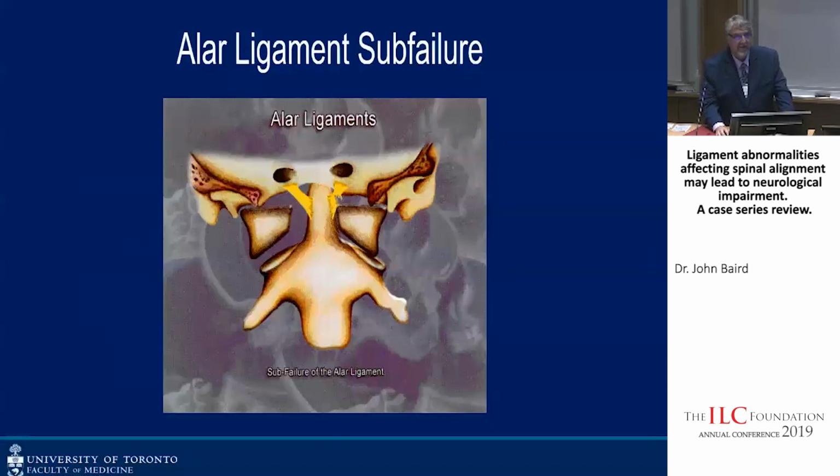I use the term subfailure because typically there's a grading system for ligament injury, where they talk about it in sort of a rule of thirds: grade 1, grade 2, grade 3, the more serious it is. But I think the real take-home message is, from the discussion of ligament disorders in general, where some of the other speakers were talking about abnormalities of ligaments and why they sometimes don't behave properly, that it may have an equivalent effect.